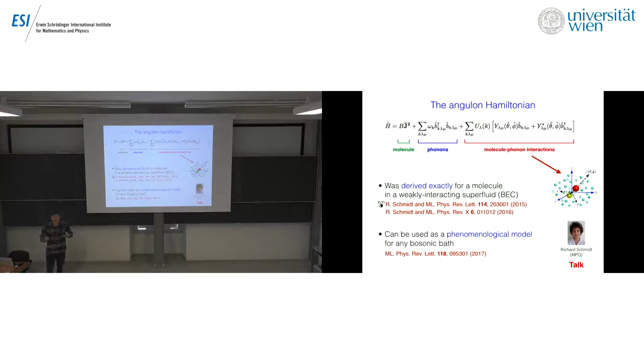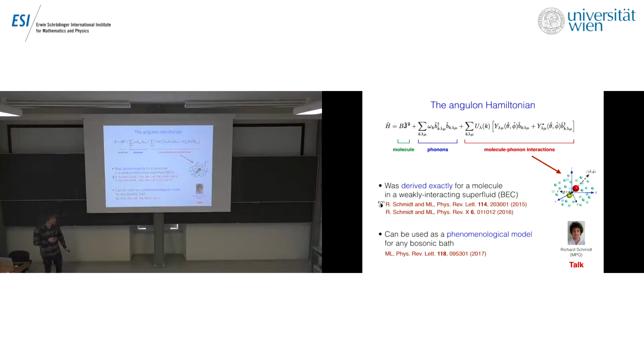So that induces all non-abelian types of algebra that make the problem quite different from what has been studied in polarons, for example. So this Hamiltonian was derived exactly for a molecule in a weakly interacting BEC, but I'm going to argue that it can be used as a phenomenological model for more complicated systems like molecules in helium and maybe other systems.